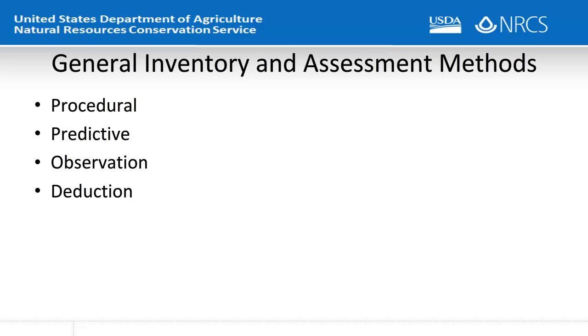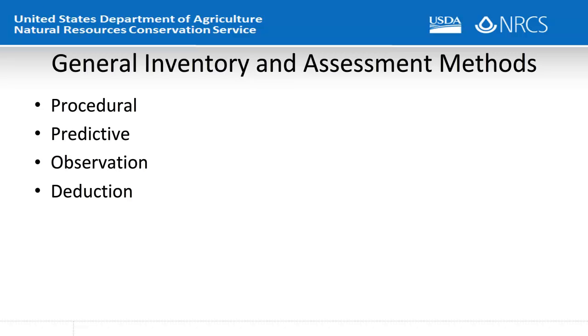As we inventory and analyze resources, we use several methods. We use procedural methods where we use a procedure to evaluate resources, such as SVAP2, pasture condition scoring, and rangeland health assessment. We use predictive methods where we use a tool to predict present and future conditions.